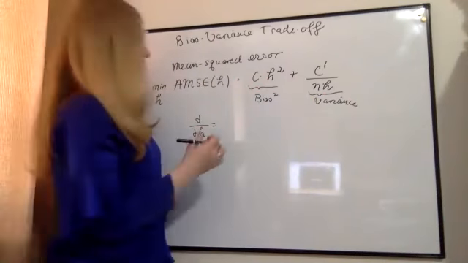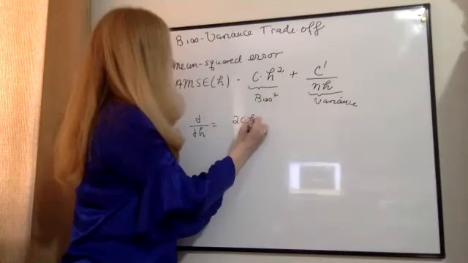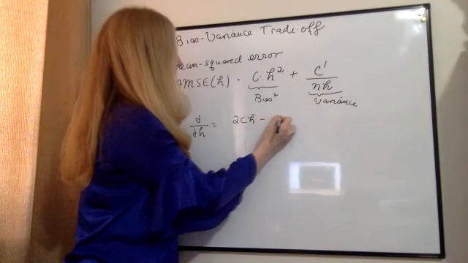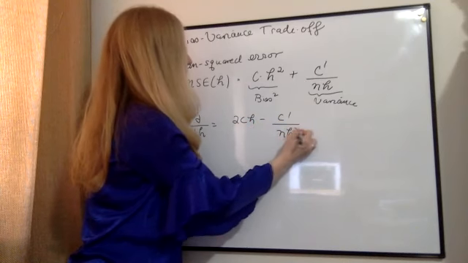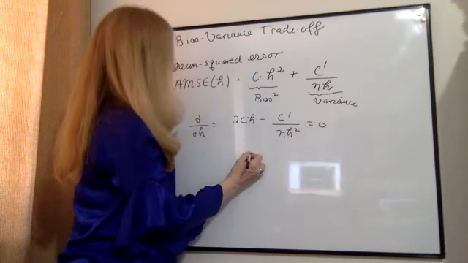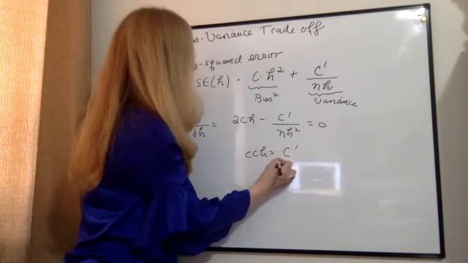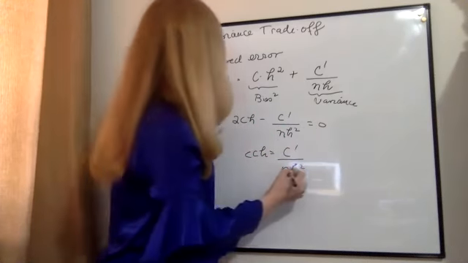Okay, so it's going to be 2Ch minus C prime over nh squared equals 0. So 2Ch equals C prime over nh squared.